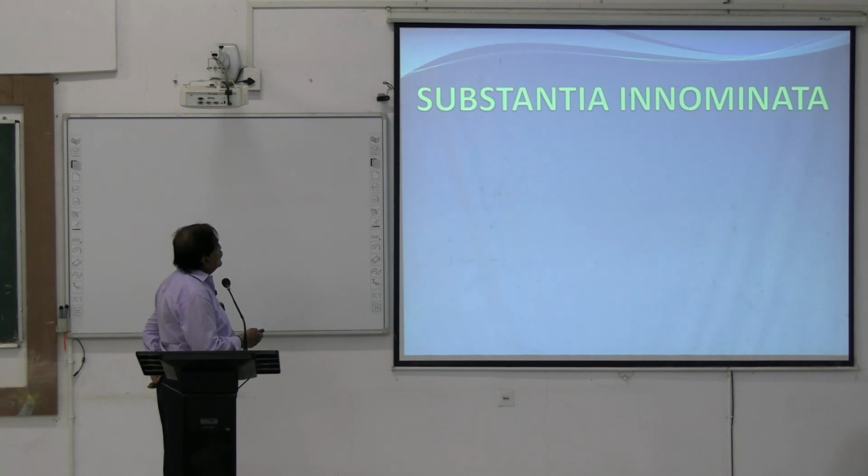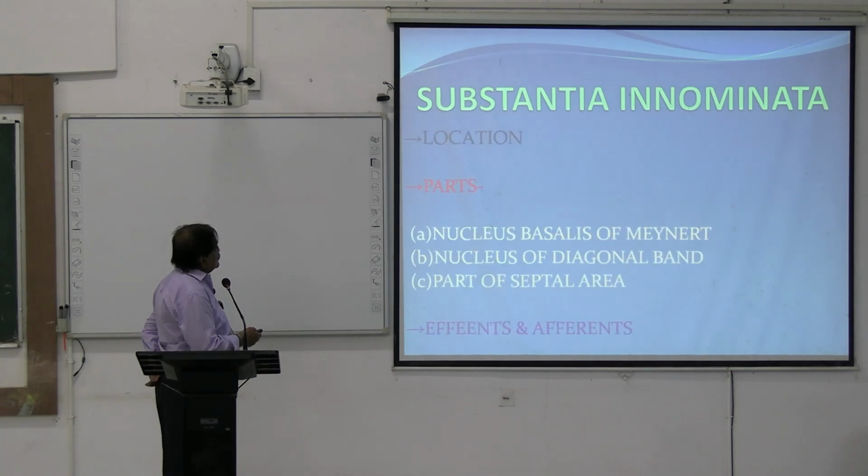Substantia innominata: location, parts, nucleus basalis of Meynert, nucleus of diagonal band, part of the septal area, efferents and afferents.